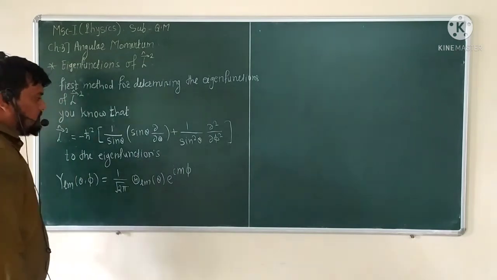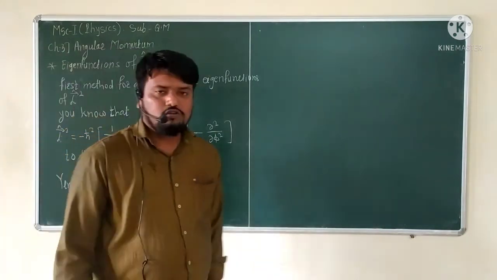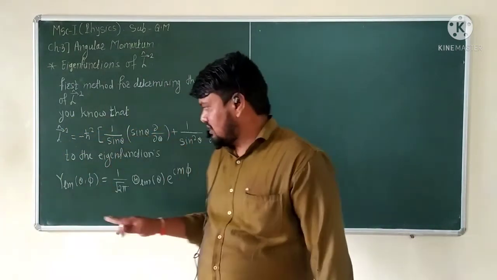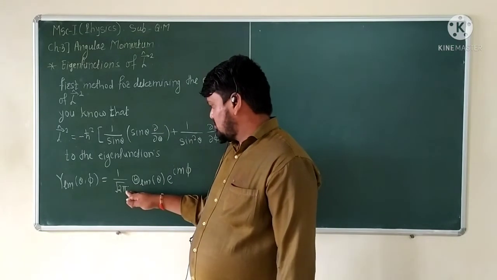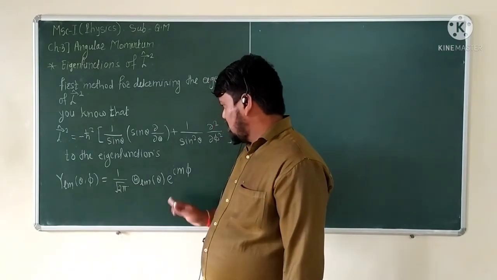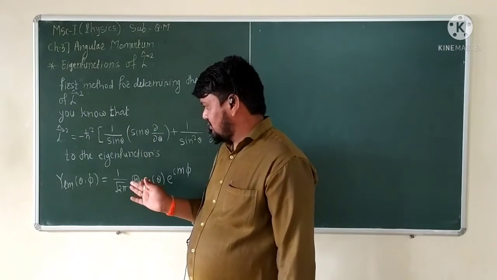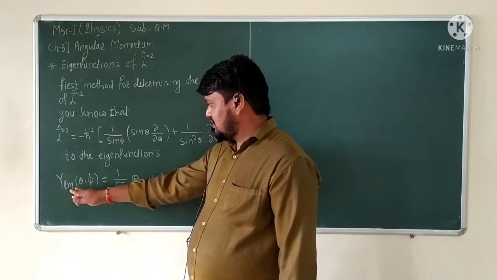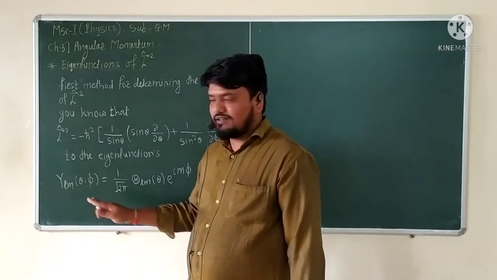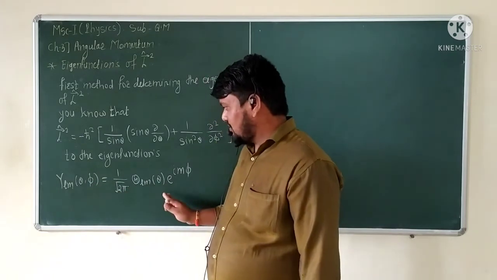Because we know the normalization constant of the Lz operator is 1 upon under root of 2 pi, e to the power i m phi, and the eigenfunctions Y Lm of theta and phi are derived from this.